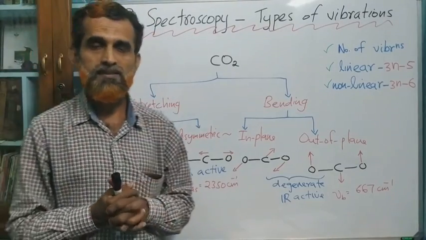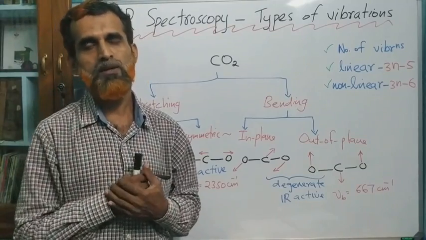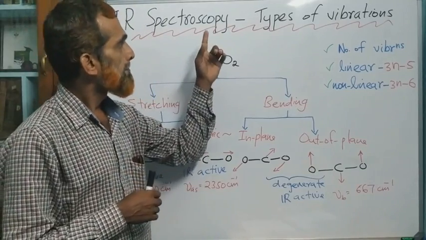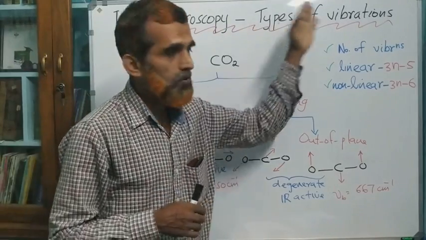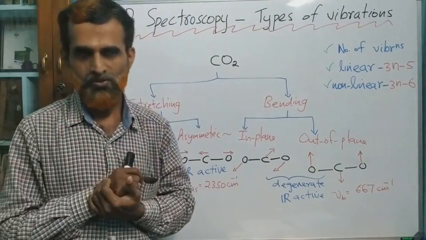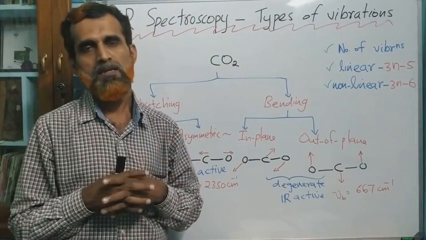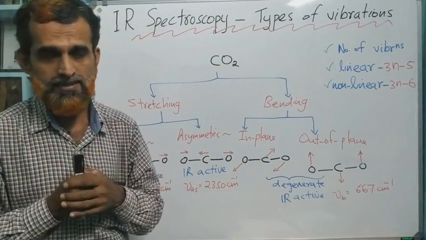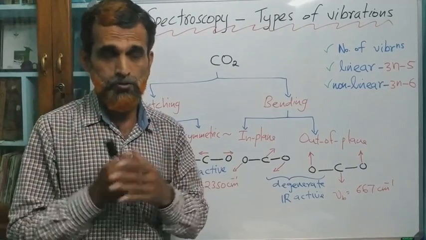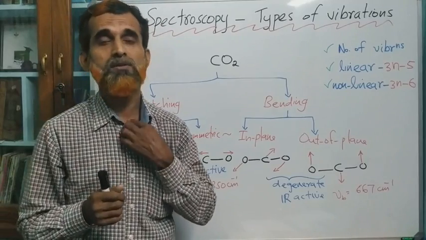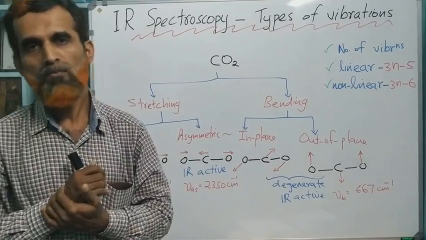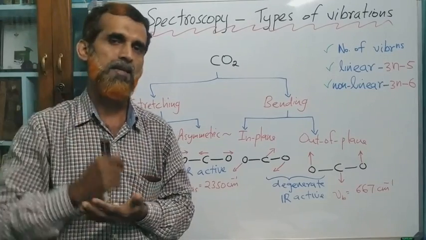Today we discuss the second part of IR spectroscopy, that is about the types of molecular vibrations. In the previous class we have learned that IR spectroscopy, which is otherwise called vibrational spectroscopy, involves vibrational transitions of molecules from lower energy to higher energy.